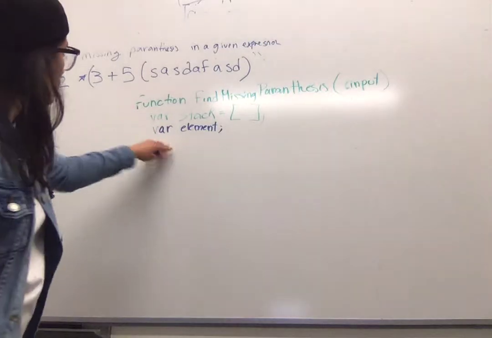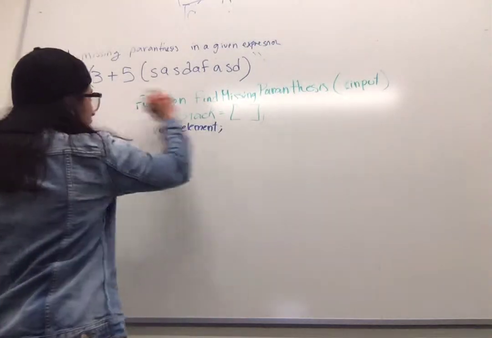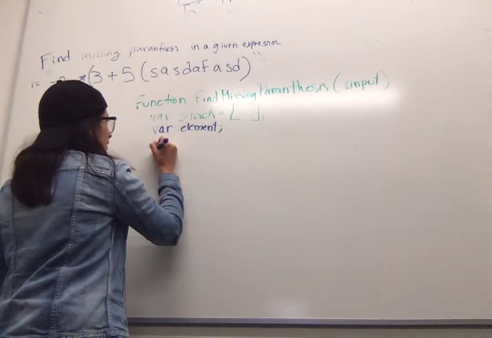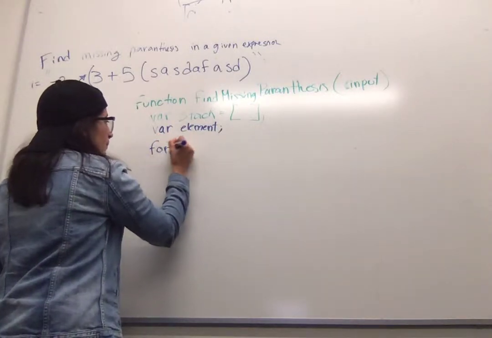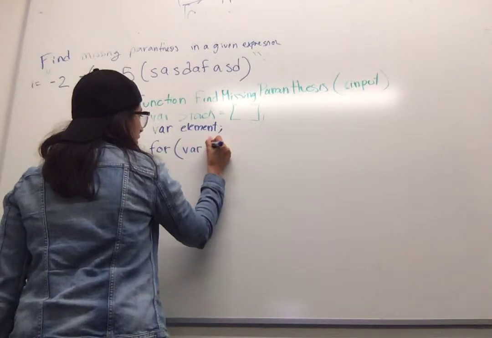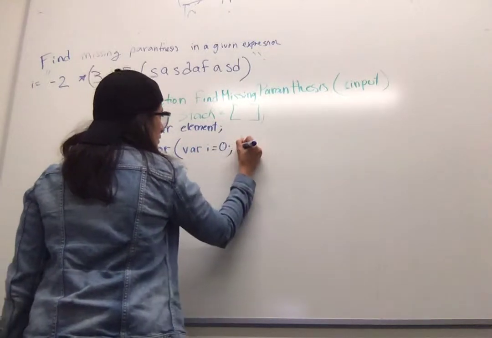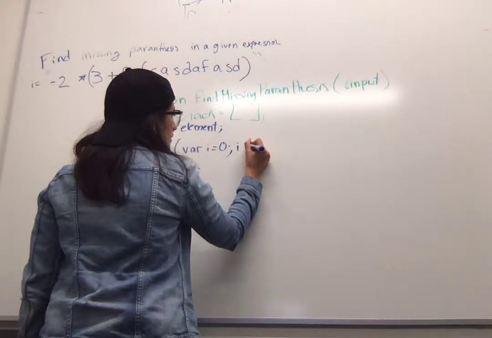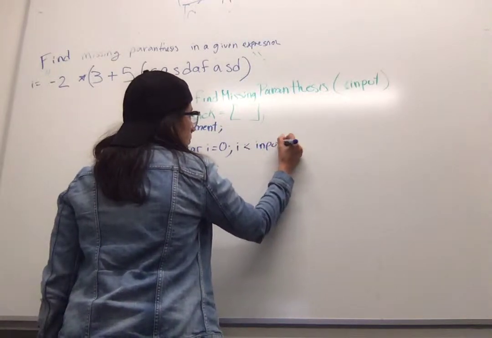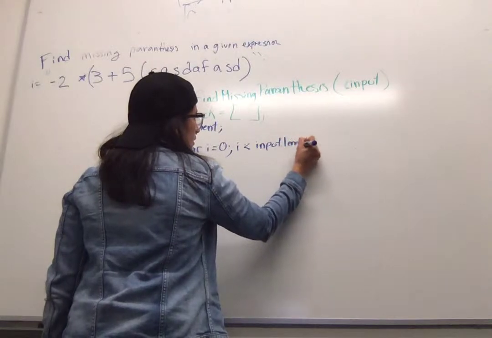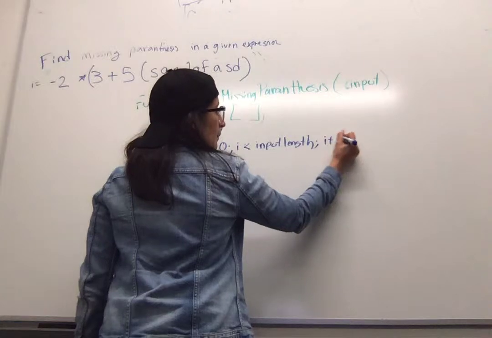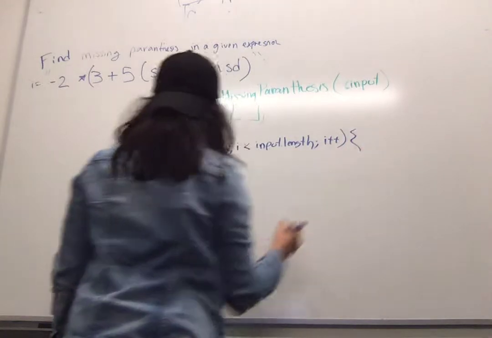Now again, the first step was to iterate through the input, so we're going to do a for loop: for var i = 0, i is less than input.length.